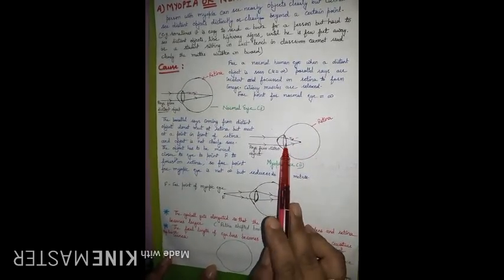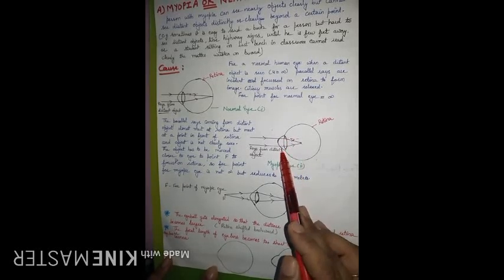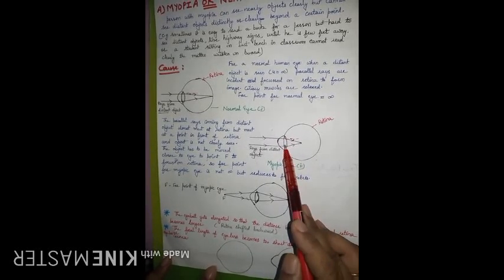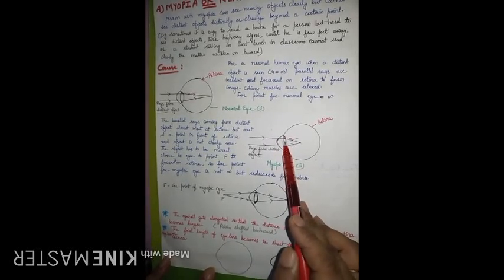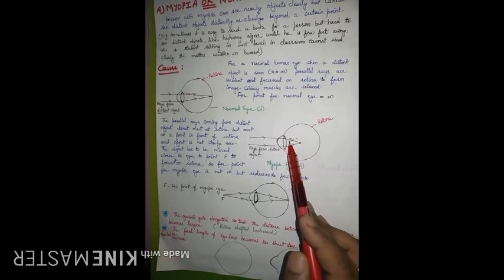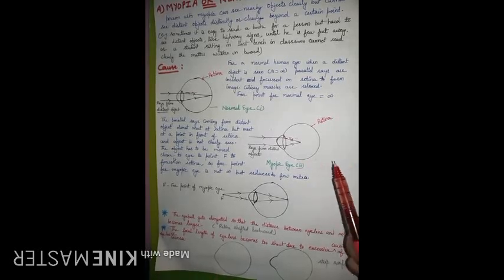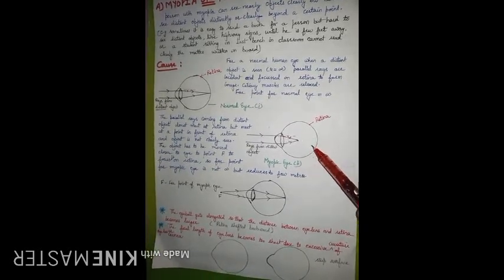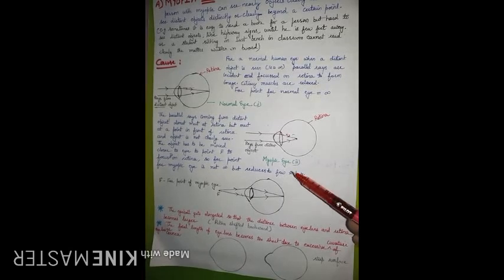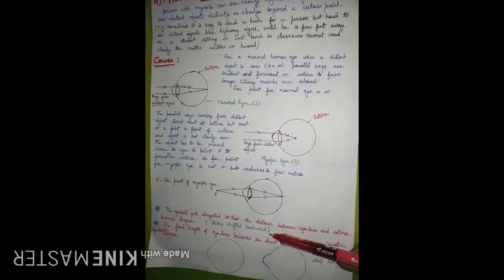It means in this case the converging action of the lens is going to become more, or you can say the thickness of the lens is going to become more. So either the retina is shifting backward, elongation of the eyeball is taking place, or there is excessive curvature of the eye lens or cornea.